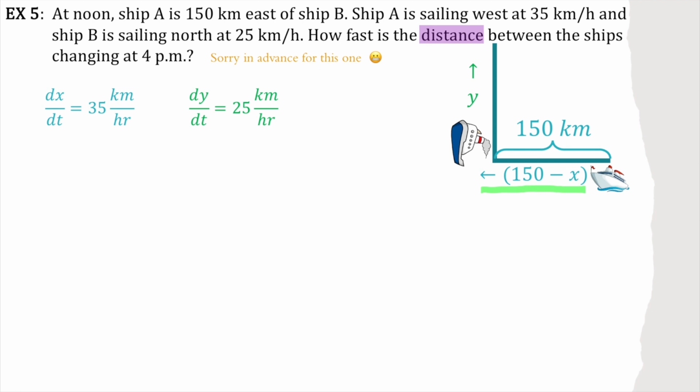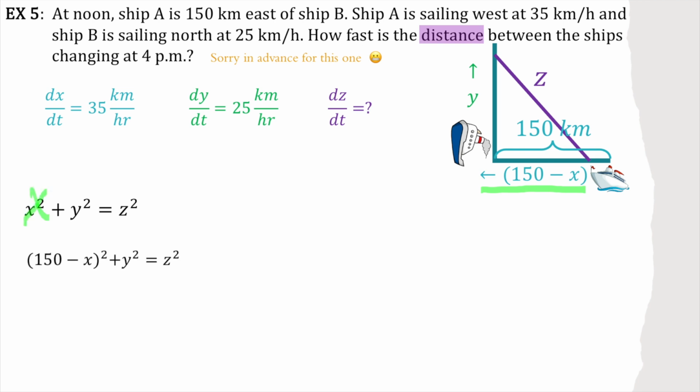Okay, well, the distance is going to be the hypotenuse between the two ships at any given moment. And we're looking for dz/dt, or the rate of change of that distance. Once again, we have a triangle, but we can't use x squared right there.